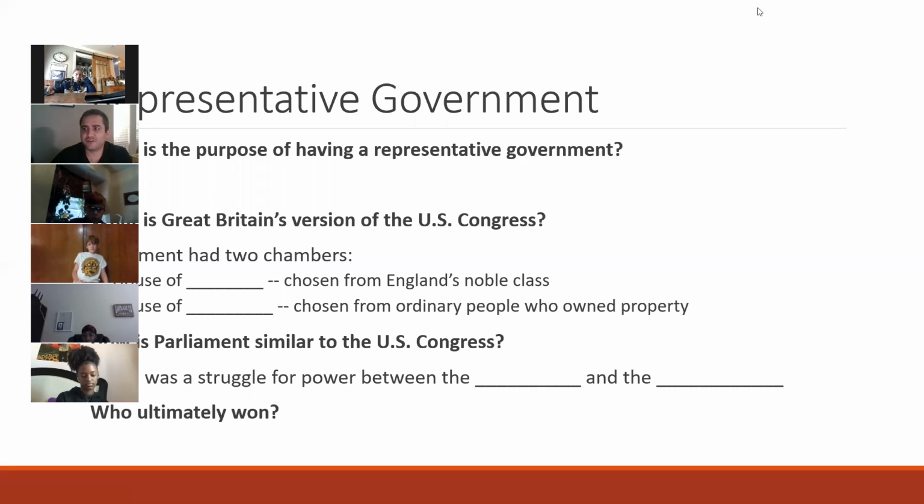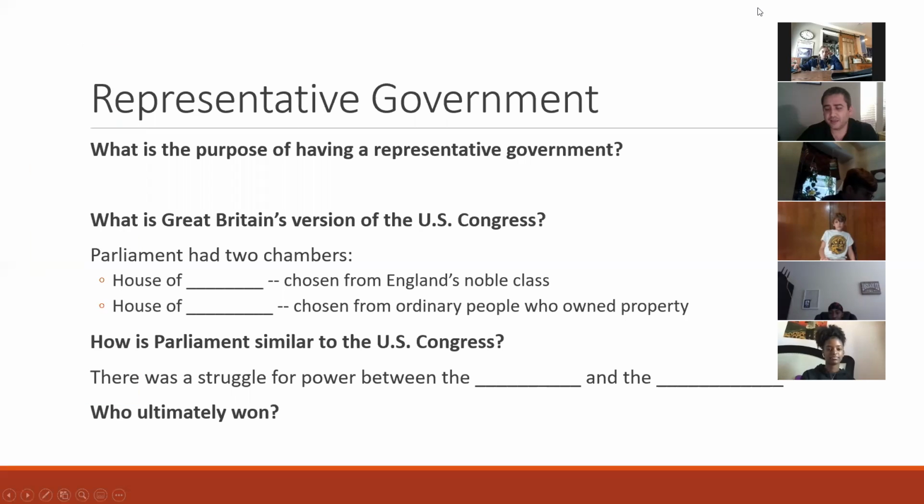So, representative government. Again, the government that we have in the US is based off Britain's government. Our US Congress is kind of a mirror of British Parliament. British Parliament had 2 chambers.